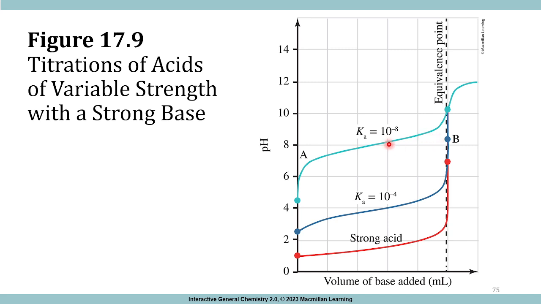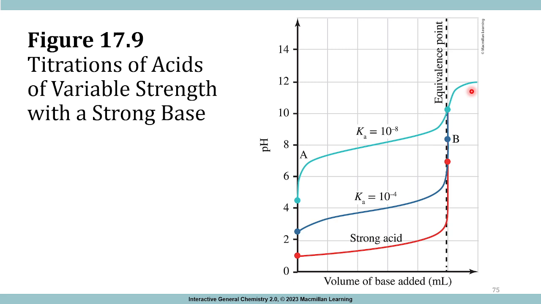Because look at this one, 10 to the negative 8 for Ka. You start at such a high point, and you end up in this buffer region at very high pH. And then at the equivalence point, there's almost no difference in pH. So it's a very tiny pH difference going from the equivalence point to the base.